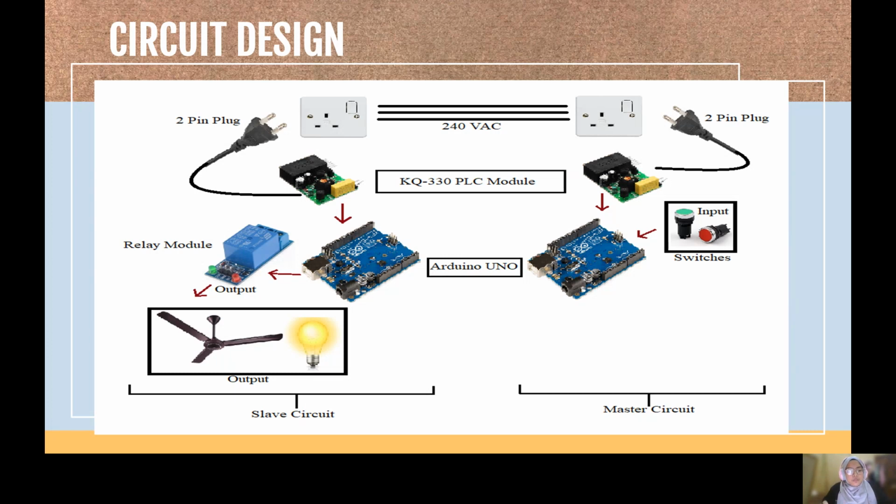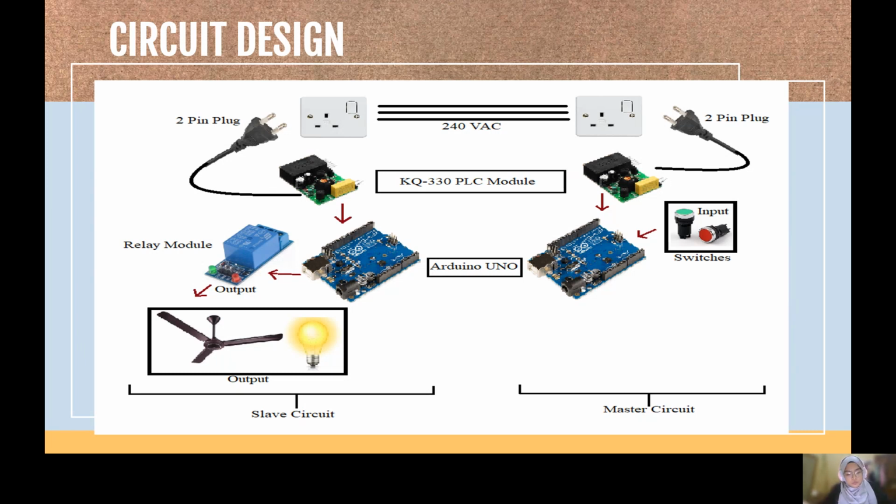The Arduino will read the input and then send it to the KQ330F PLC module on the master circuit. The module then modulates the frequency and transmits it through the power line. The KQ330F PLC module on the other end of the circuit, which is the slave circuit, will receive the signal transmitted and then send it to the Arduino.